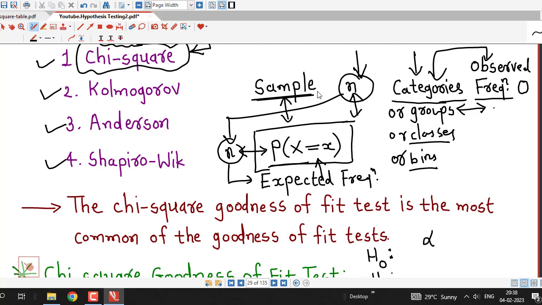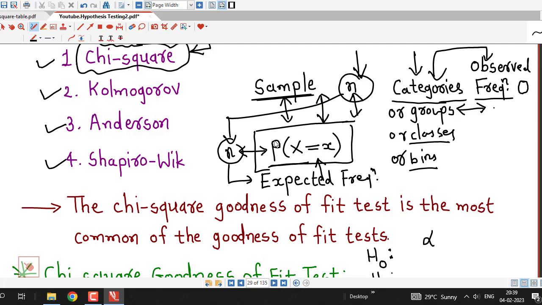So we first assume that the null hypothesis is true, and if the null hypothesis is true, we have that population following a certain probability distribution. So it will have a formula for the probability mass function of that distribution.